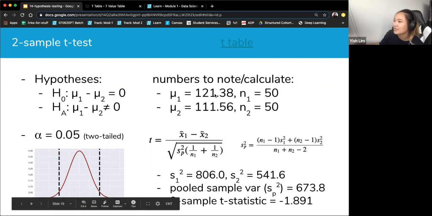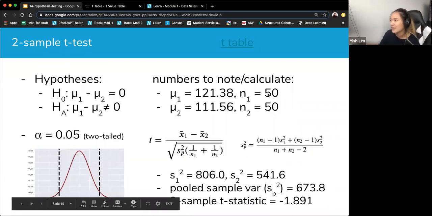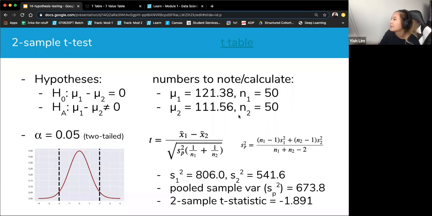In the control group, the average blood pressure was 121.38, as they said in the question here, and there are 50 people in that group. In the second group, the blood pressure is about 10 points lower, and the number of people in the sample is 50 as well. So that's what's given to us.